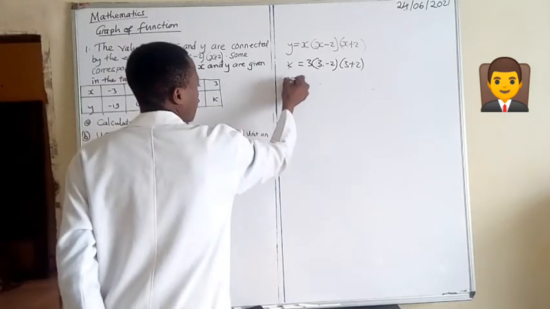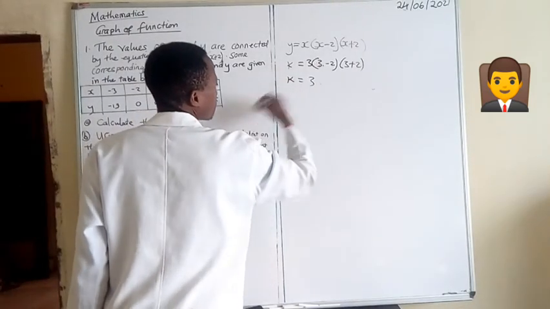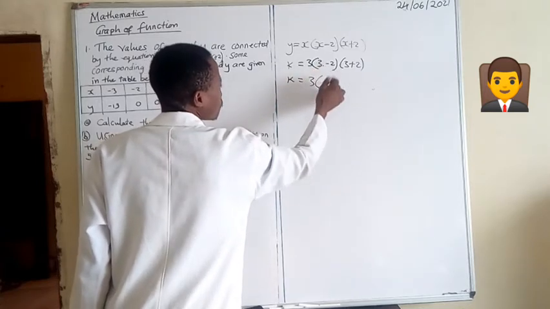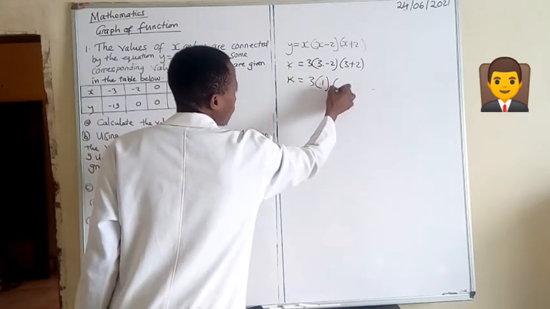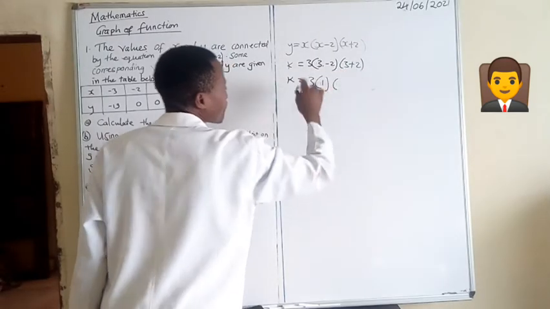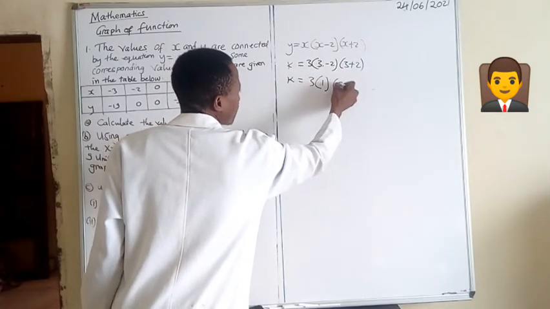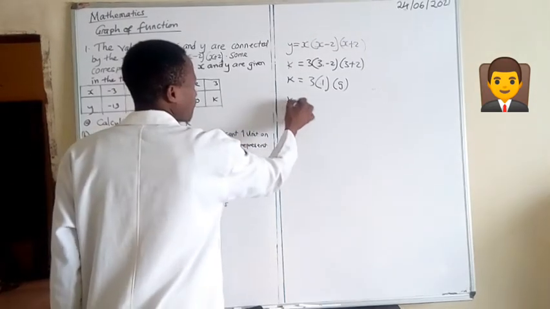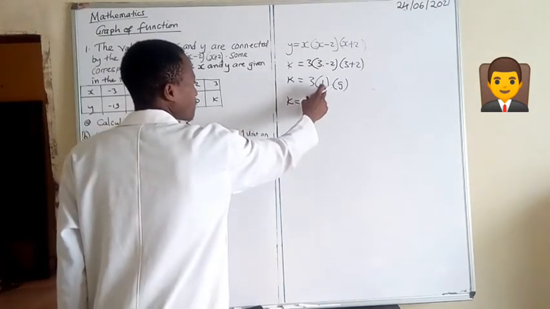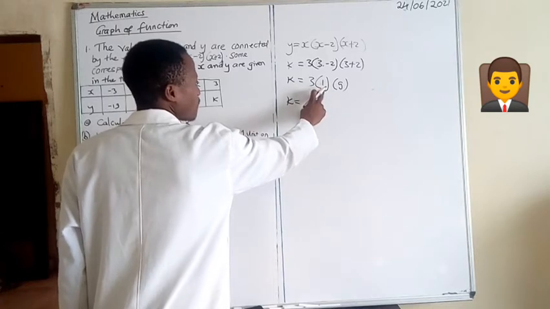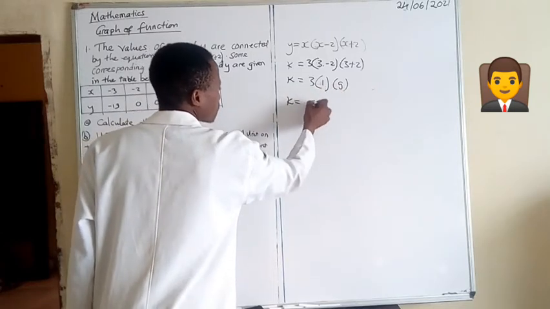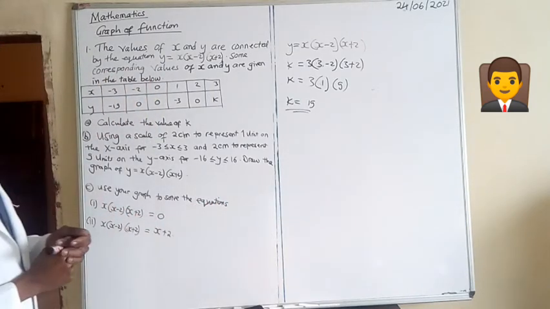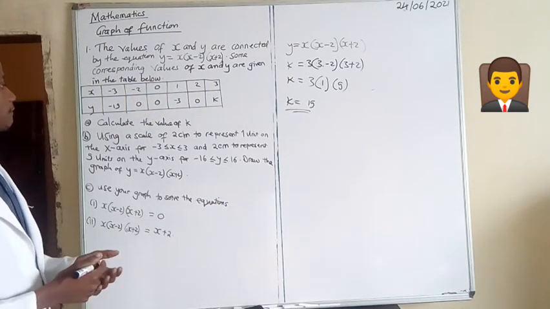So we have k is equals to 3, open bracket, 3 minus 2, which is 1, open another bracket there, 3 plus 2, which is 5. Then we simplify. We say k is equals to 3 times 1, which is 3, then 3 times 5, which is 15. Therefore, the value of k is 15.